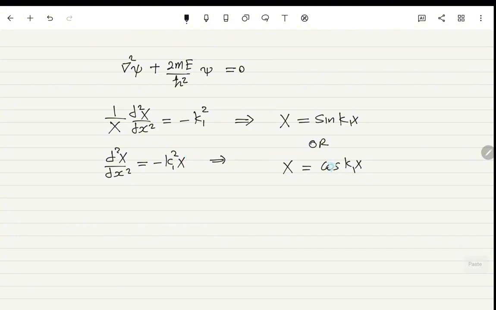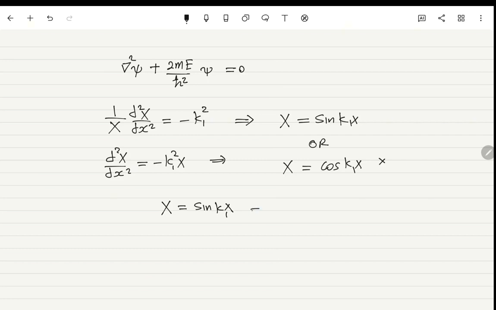Now to choose the suitable solution, we will use the boundary conditions. Psi will vanish when x equal to 0, therefore this part will cancel out, and the only solution we will get is this one right here, sine k1x.